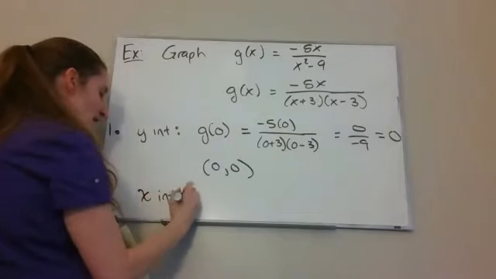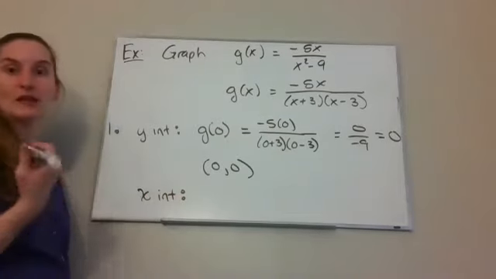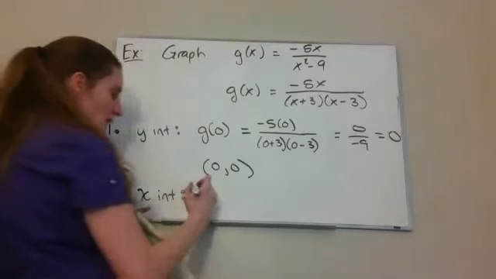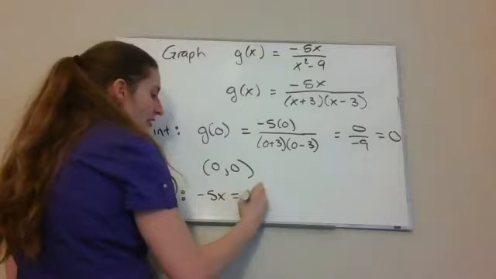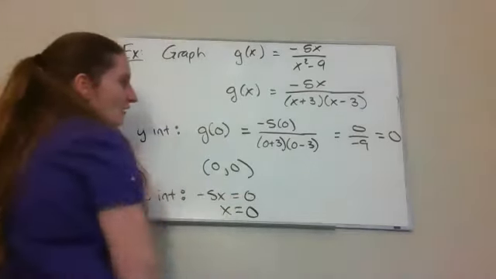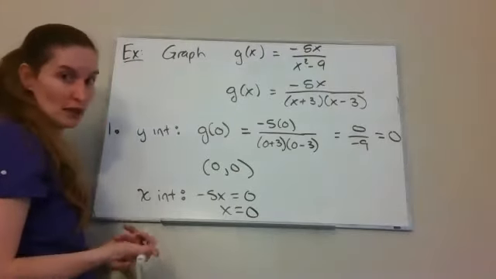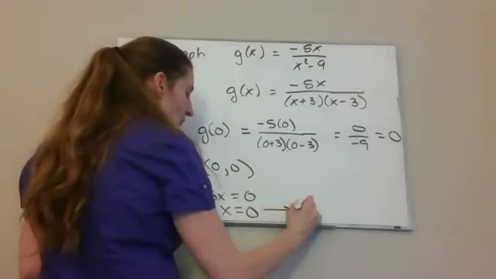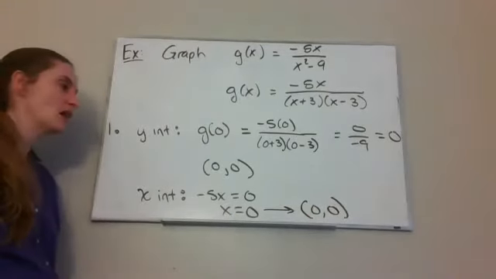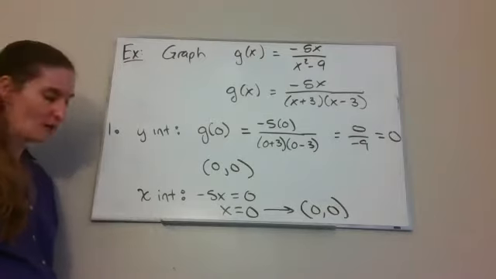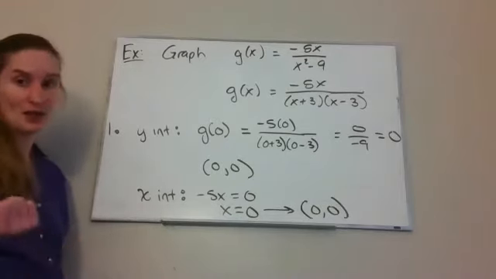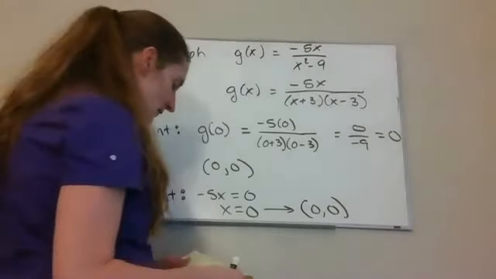My x-intercept is any point that makes the numerator 0, but doesn't make the denominator 0. Well, my numerator equals 0 when x is equal to 0. If I plug 0 into the denominator, I don't get 0. So that means the point x equals 0 and then y equals 0 is my x-intercept. So my x and y-intercepts are the same on this one. That happens a lot, but not all the time, so you should always check.